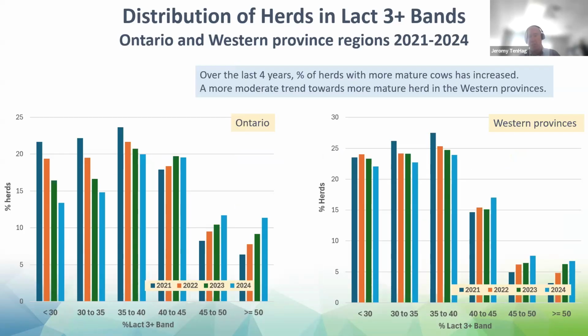But really, it is showing a very similar trend as the previous slide, which covered all of Canada. I will say that for the Western herds, which is the right graph, the increase in the percent of cows in lactation 3 plus is more of a moderate increase compared to Canada as a whole or even Ontario.